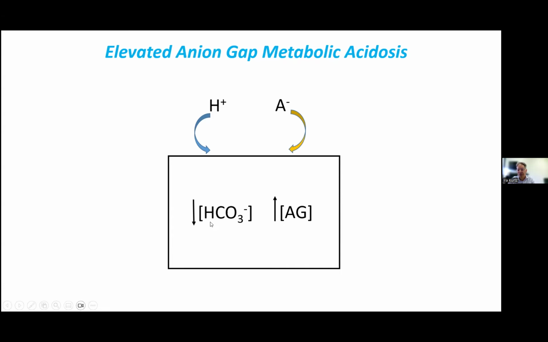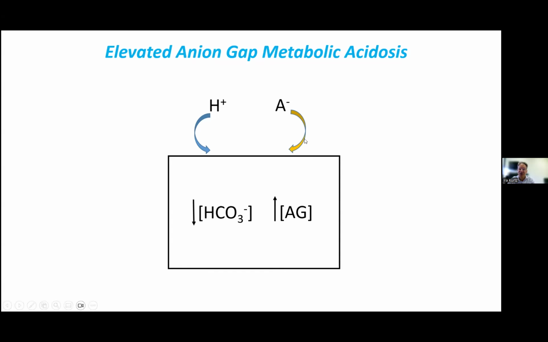So when the proton comes in, it immediately lowers the bicarbonate, and then the lactate, as it's slowly converted into bicarbonate, ameliorates the metabolic acidosis. In fact, the lactate is a good thing because it's actually correcting your metabolic acidosis when it's converted to bicarbonate, same sort of thing with ketoacidosis. The ketone bodies are converted into bicarbonate over time.